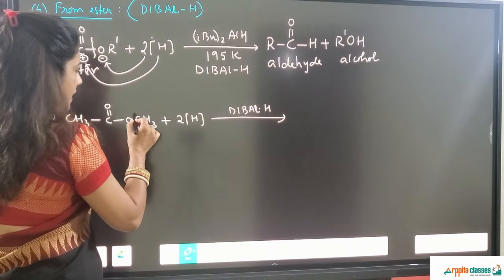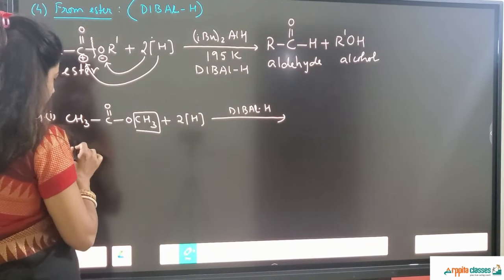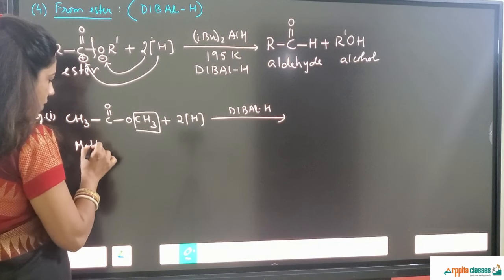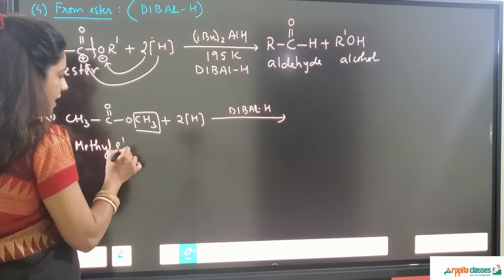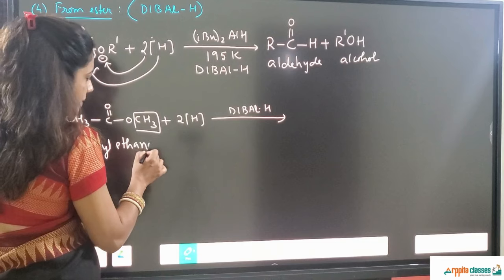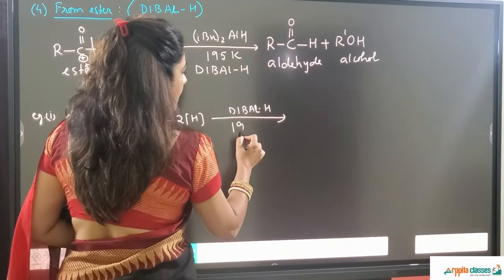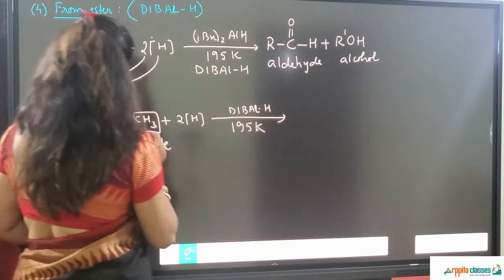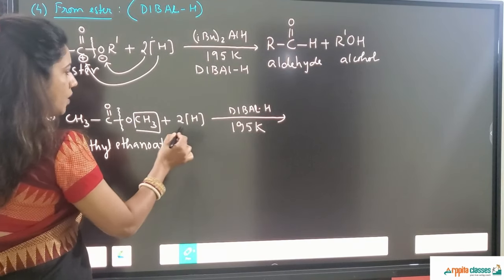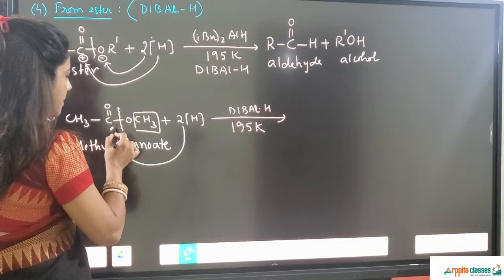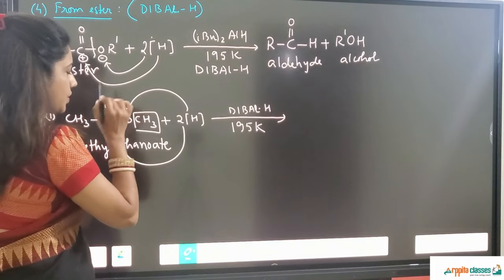Let's take a particular example. This ester is named methyl ethanoate. This is treated with DIBAL-H at 195 Kelvin temperature. Break this bond. One hydrogen you give to this carbon and another hydrogen you give to this oxygen.